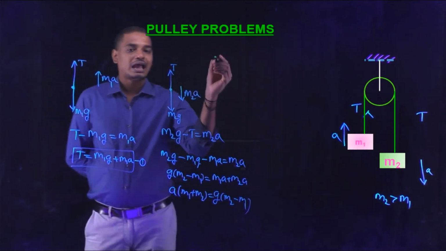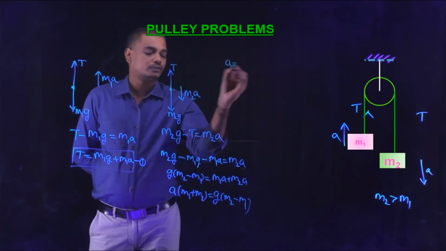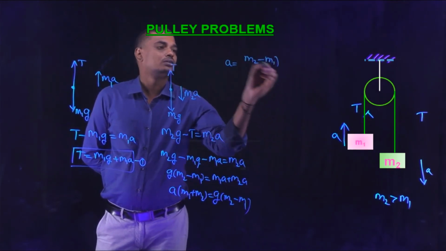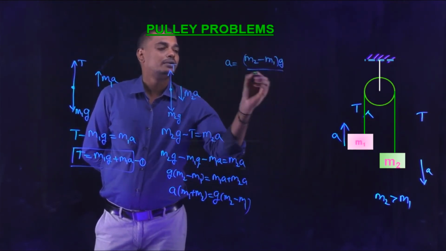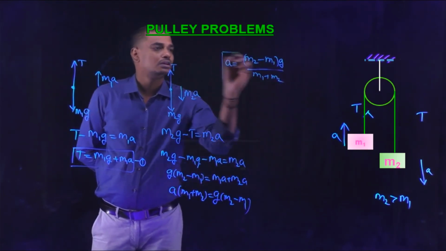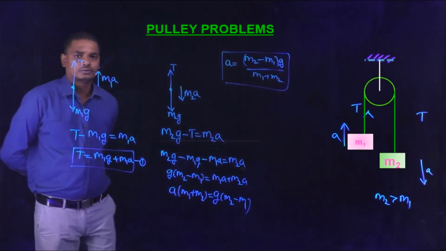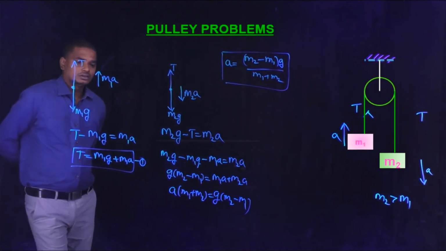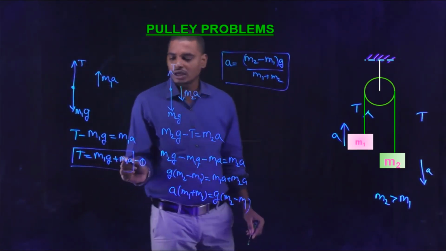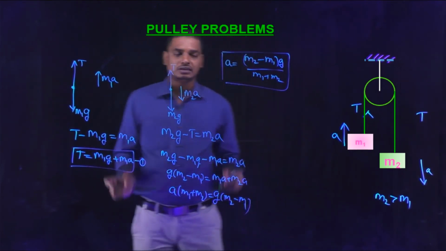From which the acceleration of the block is equal to (M2 minus M1) into G divided by (M1 plus M2). Right. Similarly, to calculate the tension in the string, we have to place the value of A in equation number 1.